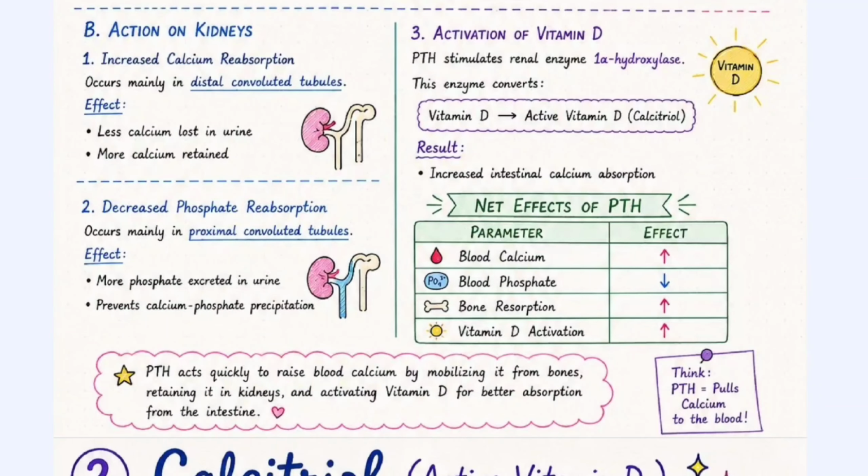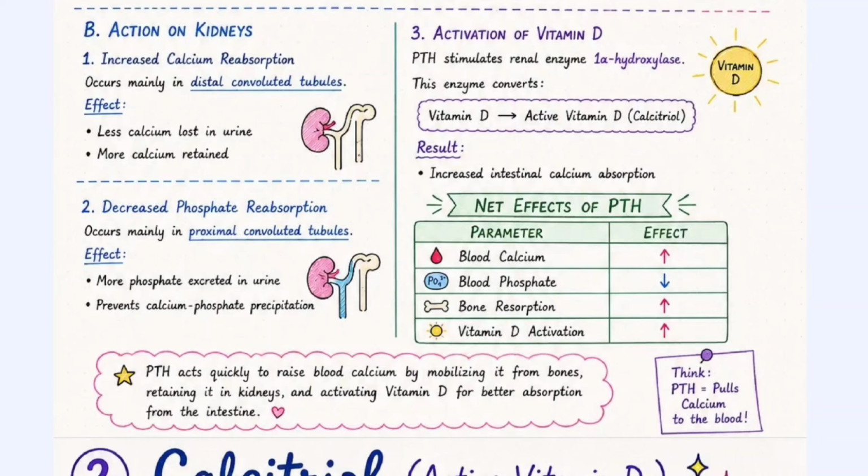Now, what is its action on the kidneys? It increases calcium reabsorption. This occurs mainly in the distal convoluted tubules of the nephrons. Effects are less calcium lost in urine and more calcium retained. Number 2 is decreased phosphate reabsorption. It occurs mainly in proximal convoluted tubules.